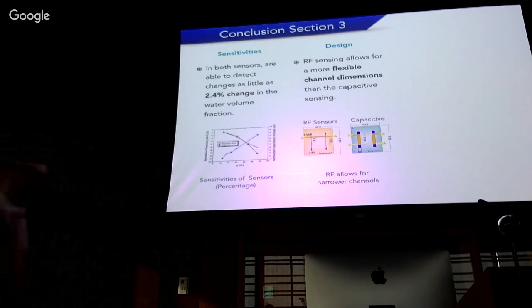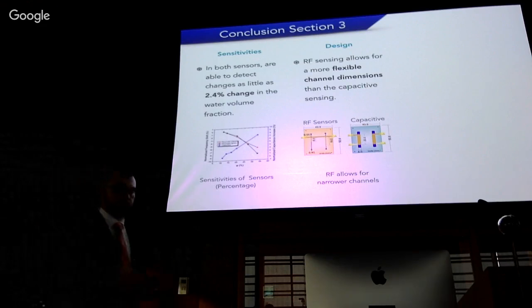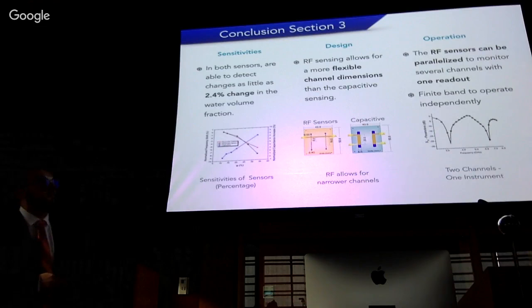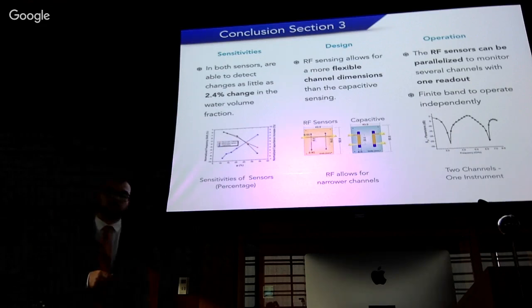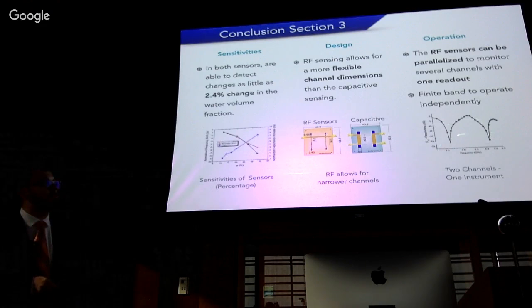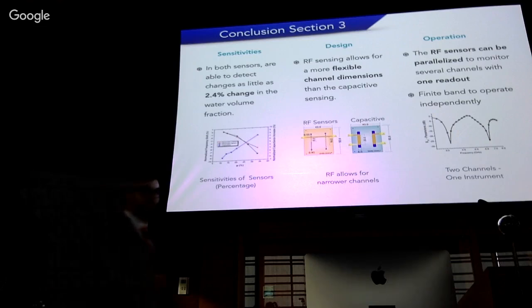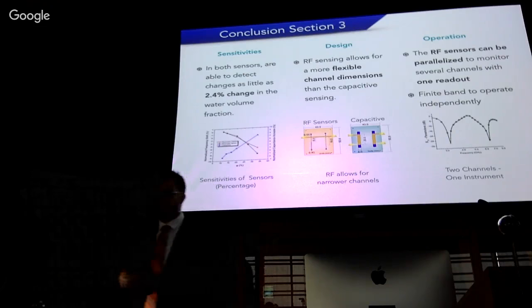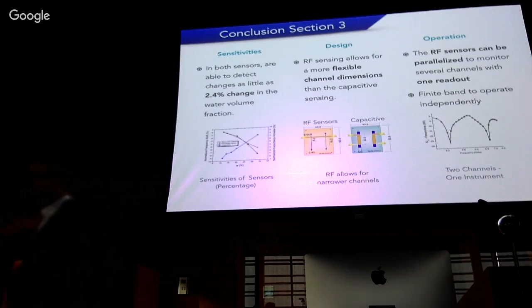You can generate other types of geometries and still get a reliable signal. Then, in the sense of operation, because we have 2 notches, we can have other notches as well, and then we can measure different channels with a single readout device.